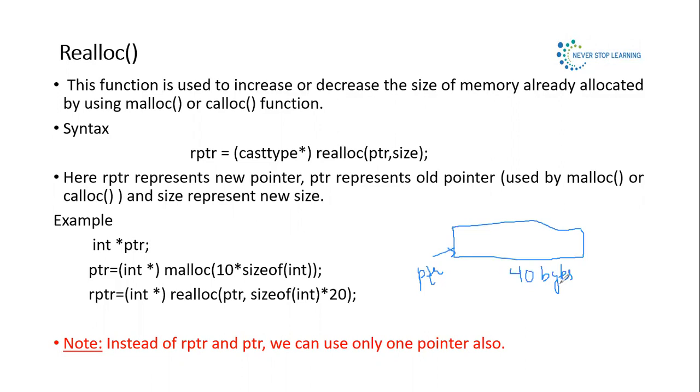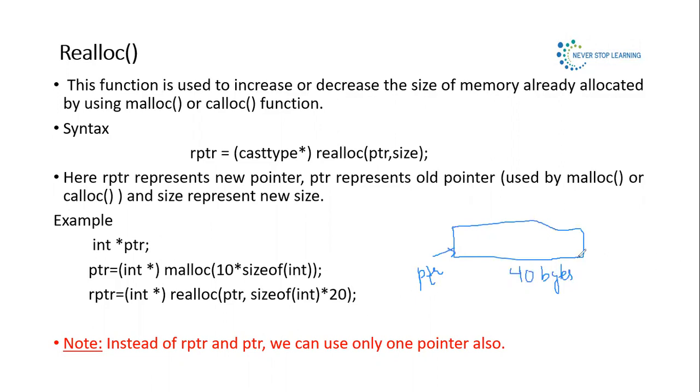Now we are saying this 40 bytes is not sufficient and we want more size. Then what happens? We are reallocating. So after this 40 bytes only, the new size will be given to us. So ptr, which is pointing to the base location of this 40 bytes, sizeof int into 20. That means an integer takes 4 bytes, and now 20 into 4 means 80 bytes.